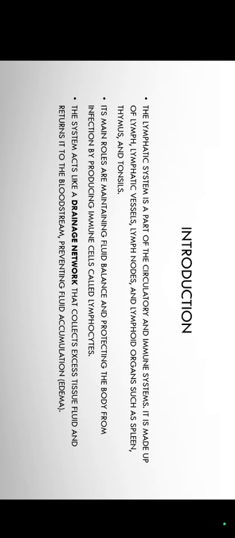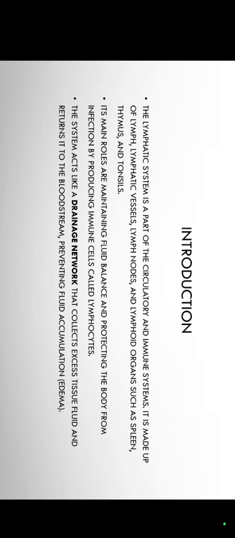Coming to the introduction, the lymphatic system is a part of the circulatory and immune systems. It is made up of lymph vessels, lymph nodes, and lymphoid organs such as the spleen, thymus, and tonsils.